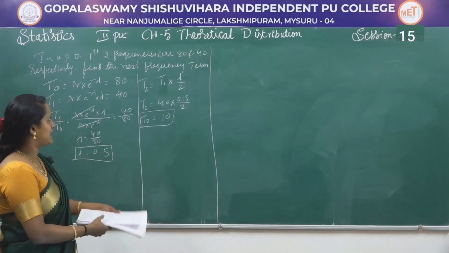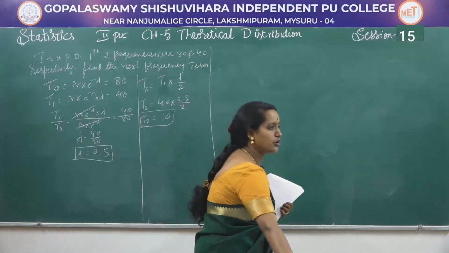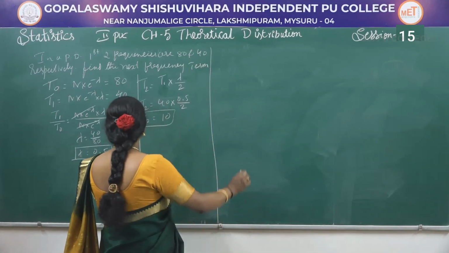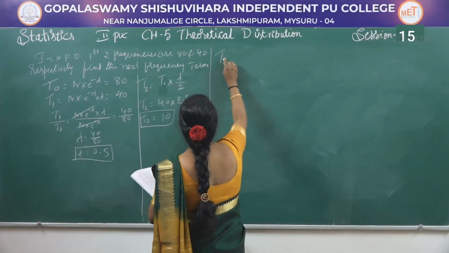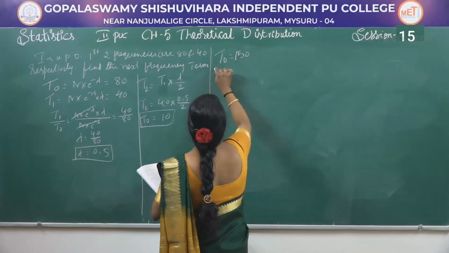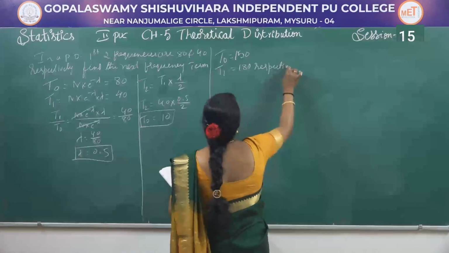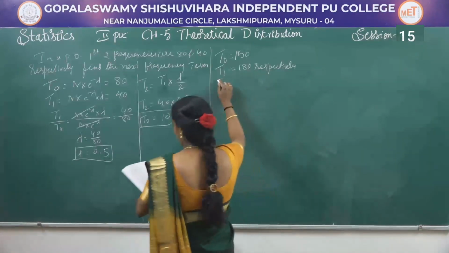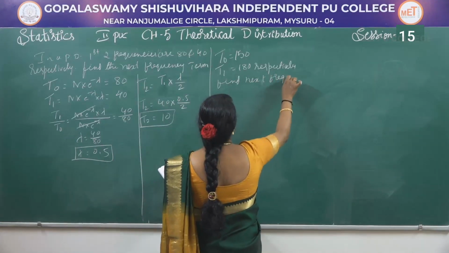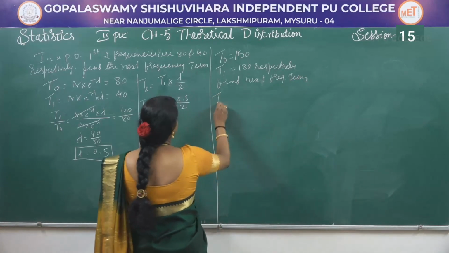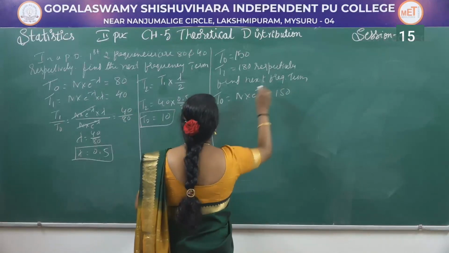So this is how we have calculated the 2 marks problems, and let us solve one more of this type. The first two frequency terms are T0 equal to 150 and T1 equal to 180 respectively. Find the next frequency term. T0 is n into e power minus lambda, equal to 150.